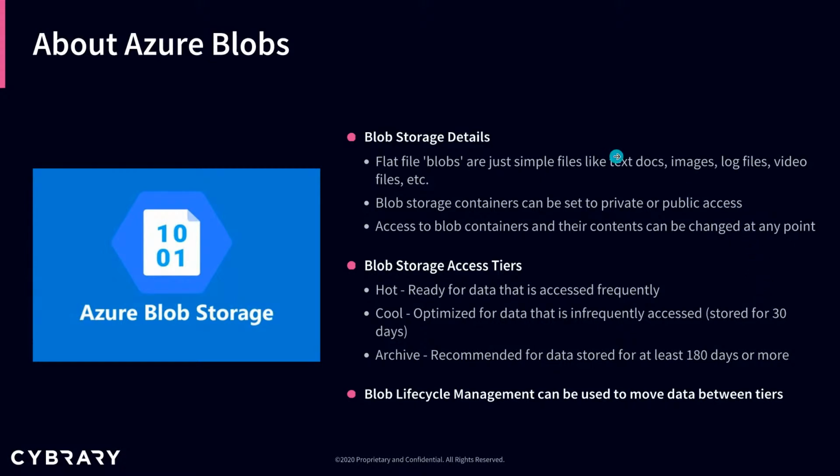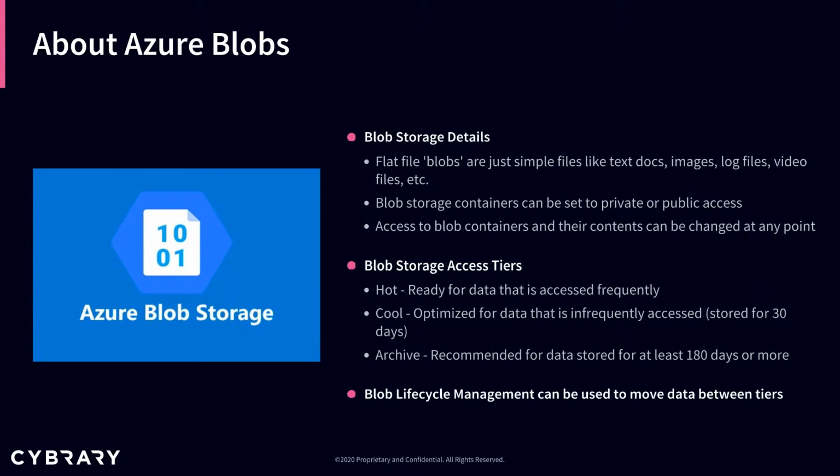There are different access tiers for blob storage. So you can have hot or what they call cool. Hot means that it is ready for more frequent data access, and cool storage is optimized for infrequently accessed data.